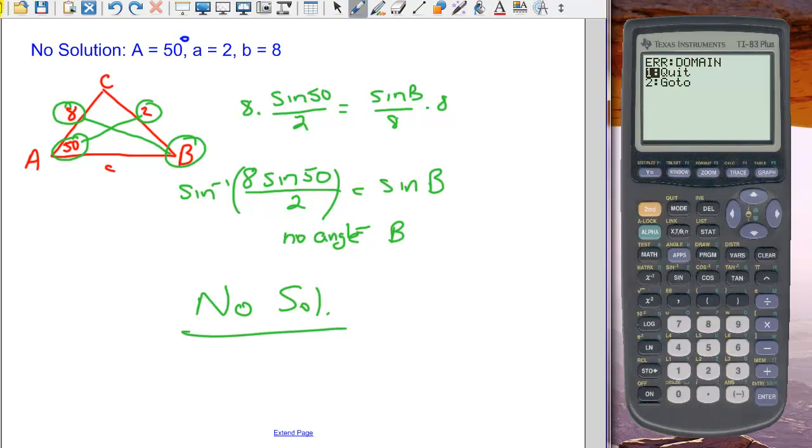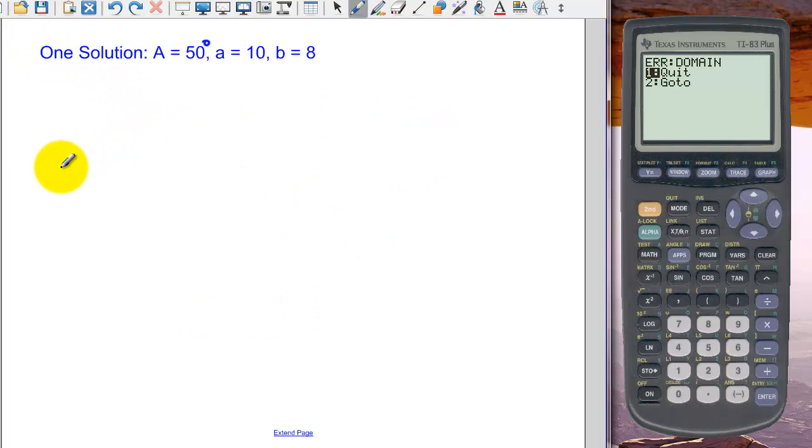Okay, let's look at one that has one solution. So our triangle here, 50 degrees, this is 10, this is 8, so we can tell here just from the picture that we're going to likely have a solution because this side's longer, so it will reach.